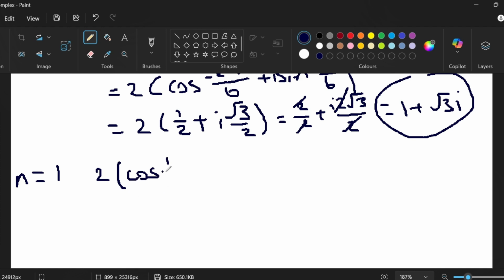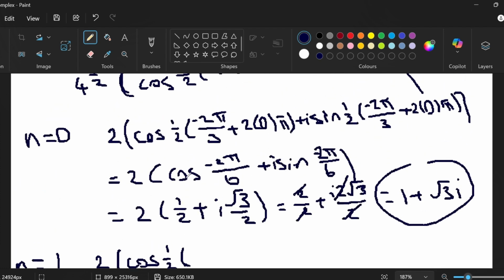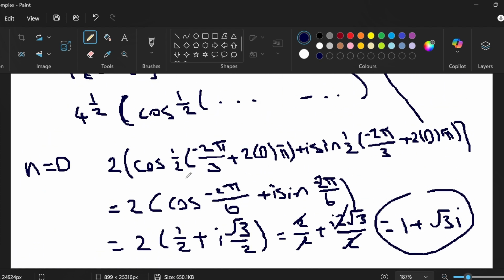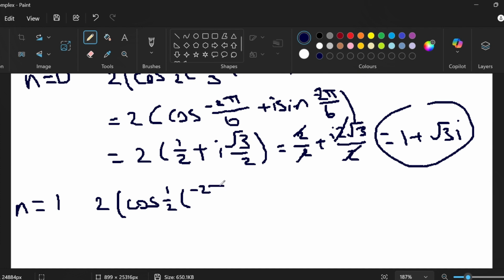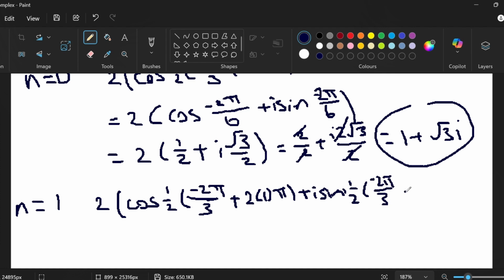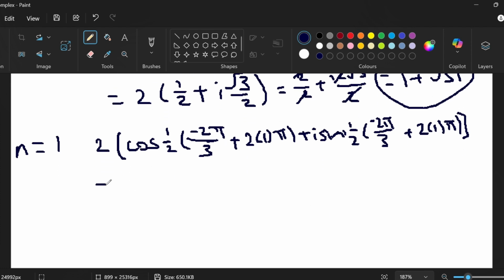So I get cosine of 1/2 of minus 2 pi over 3 plus 2 times 1 times pi plus i sine 1/2 times minus 2 pi over 3 plus 2 with 1 as my n times pi again.